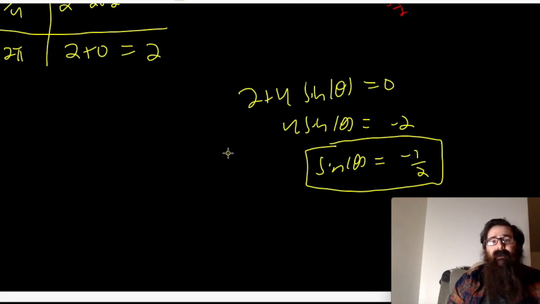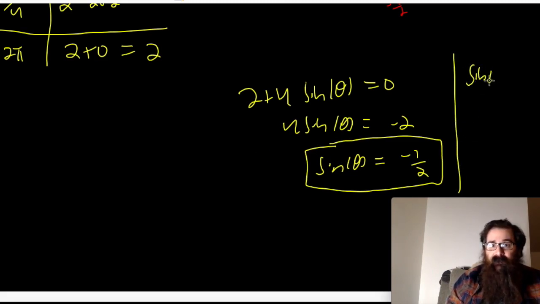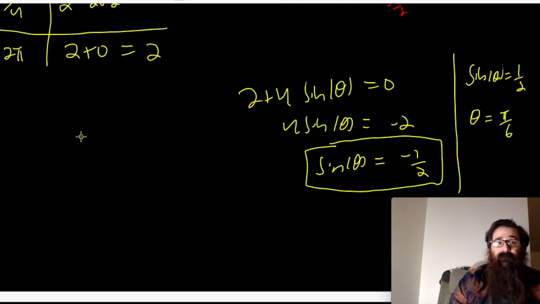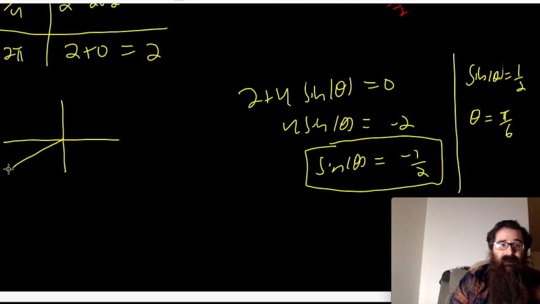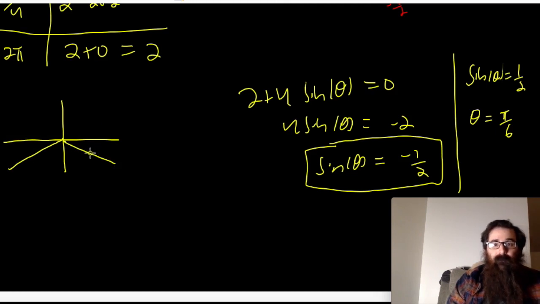Now, I can tell you where sine of theta is positive 1/2. That means theta is pi over 6. I want a reference angle to this. If you remember, sine is positive in quadrants 1 and 2, but negative in quadrants 3 and 4. So I'm looking for these other angles that have reference angle pi over 6.